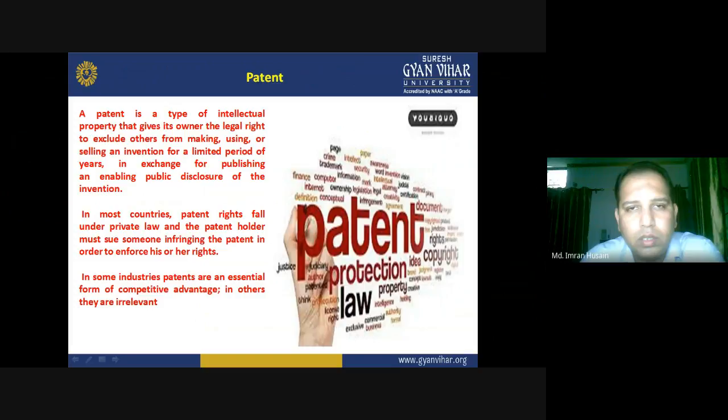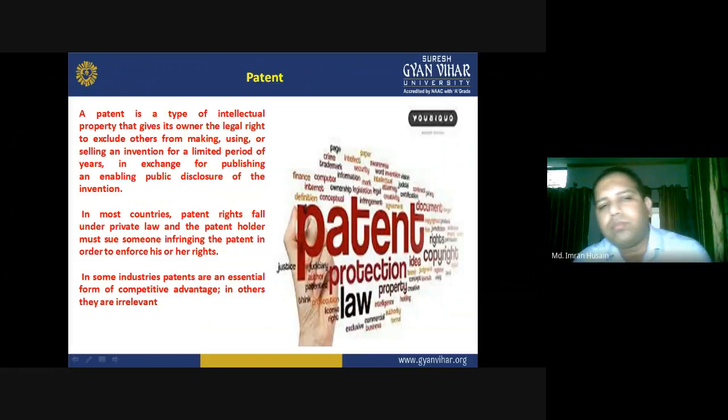This scenario is very useful. If the product or design is exclusively created by you, then you have the right to use it, and others cannot exploit it, use it, or copy it. In most countries, patent right falls under private law, and the patent holder must sue someone infringing the patent in order to enforce his or her rights.